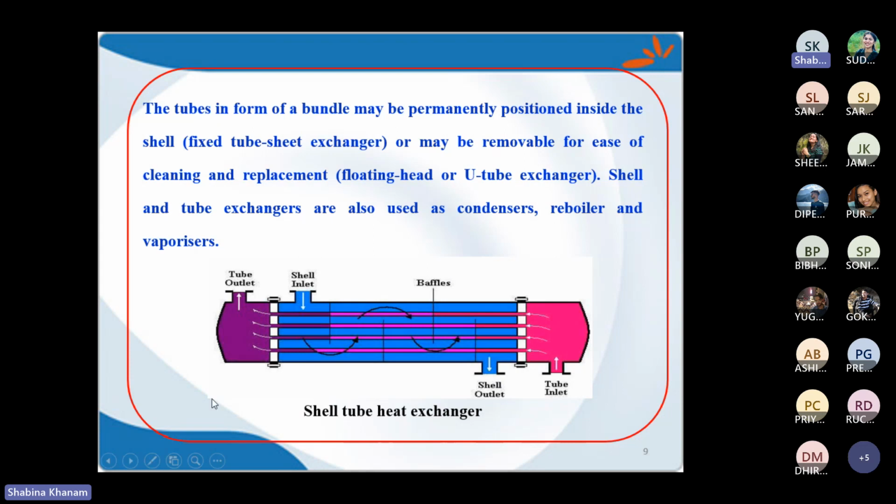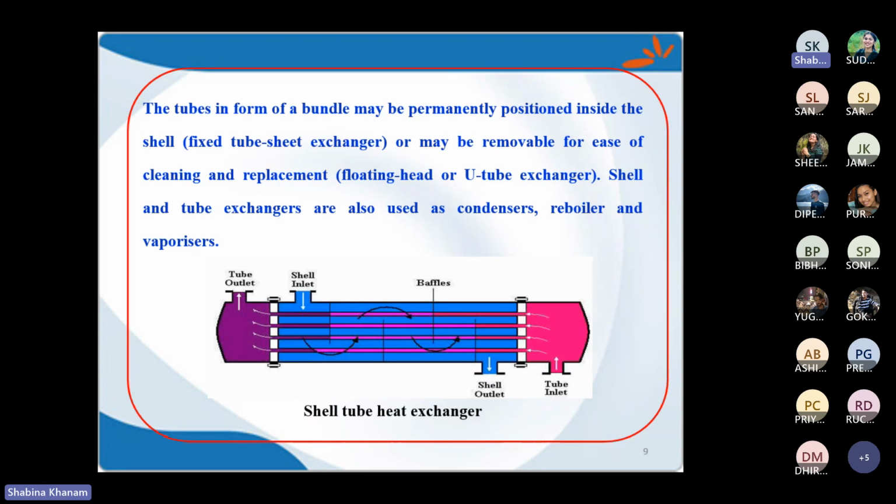So in that way you can see the purpose of the baffle is to direct the fluid in the shell side and to hold the tubes. And when you observe the baffle as well as the tube sheet, wherever I'm having holes in the tube sheet, in the same pattern I'm having holes in the baffles. Otherwise, the tube will not enter nicely.